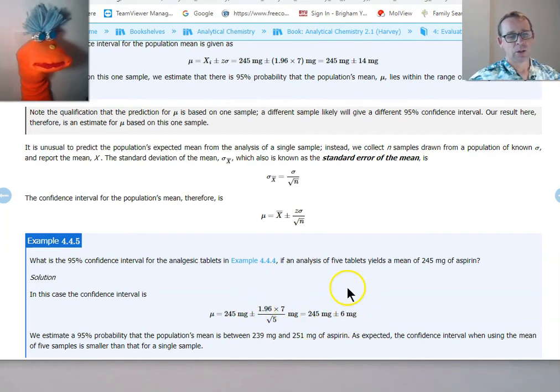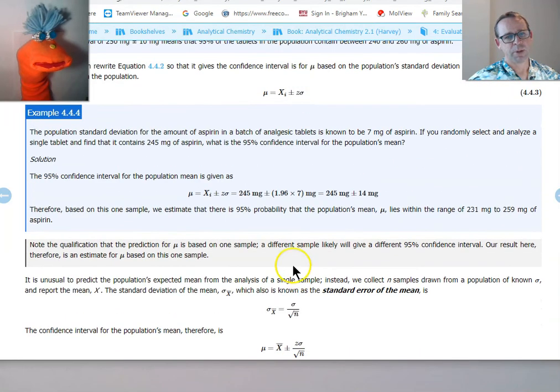Okay? So let's compare these once again. If you just take one sample, your 95% confidence interval for that single sample is that value plus or minus the standard deviation times 1.96.